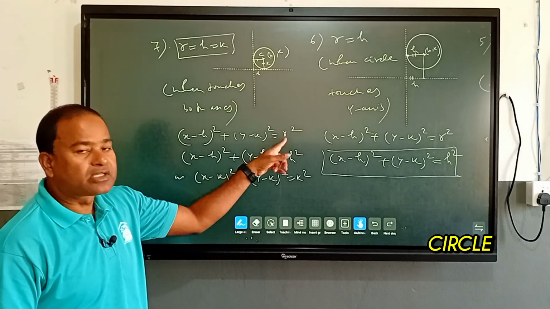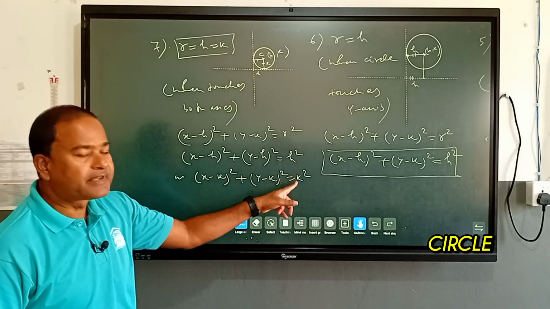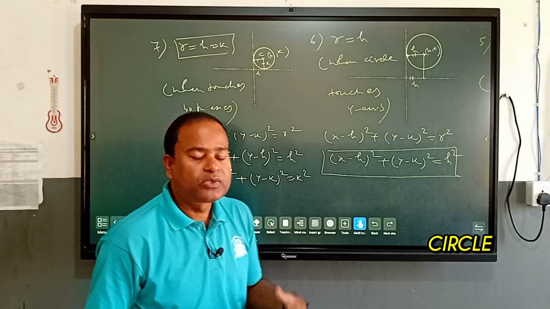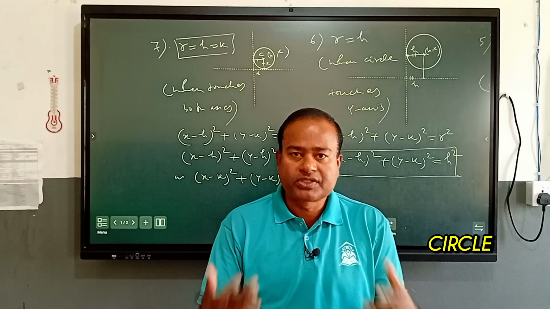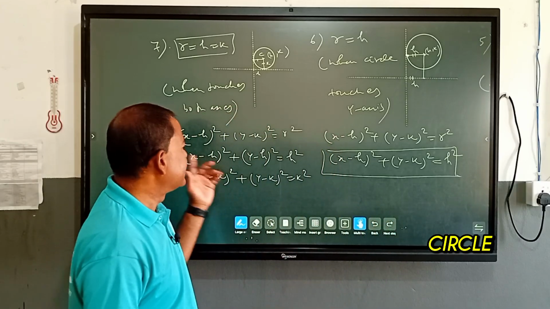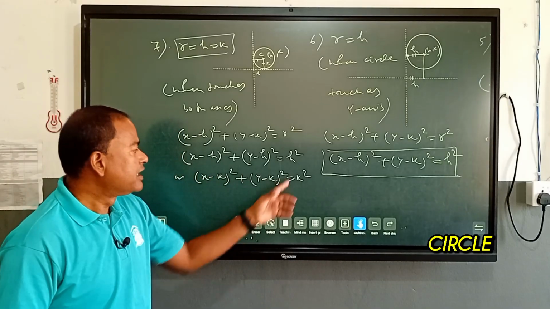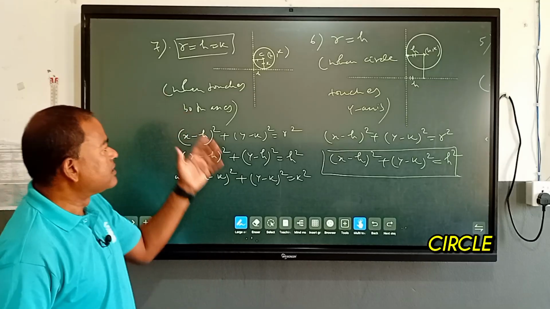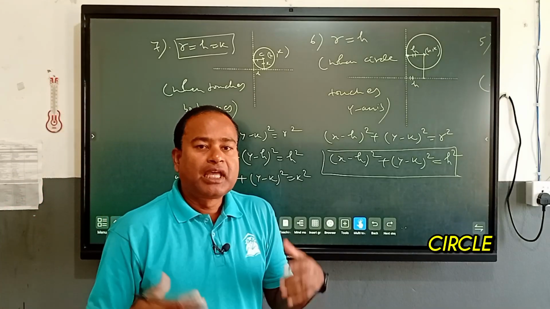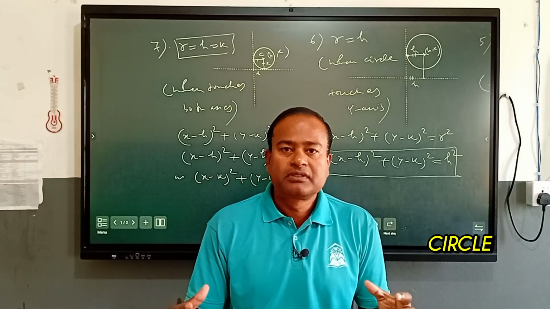The radius of the circle we can replace by h or by k. In that case, the equation of the circle will be x minus h whole square plus y minus k whole square equals h square, or we can write x minus k whole square plus y minus k whole square equals k square.